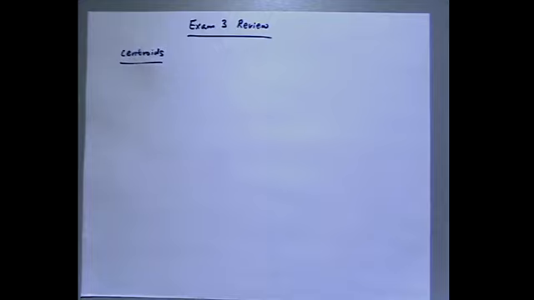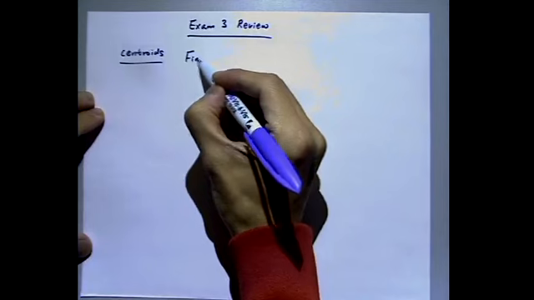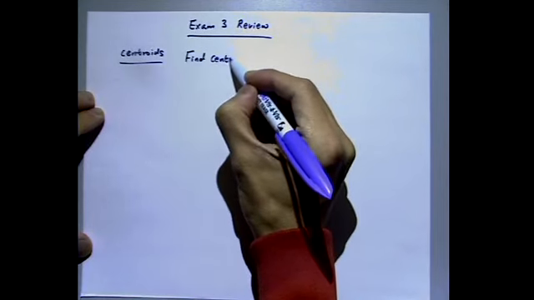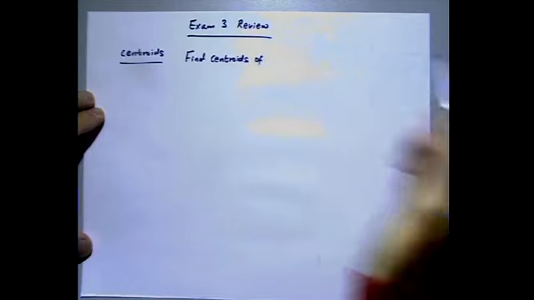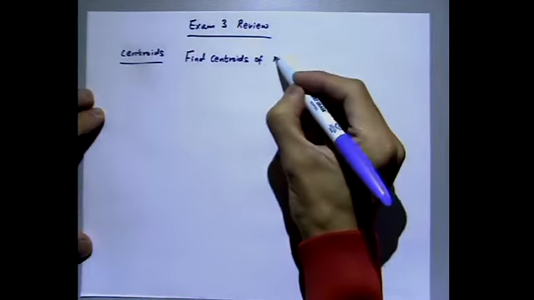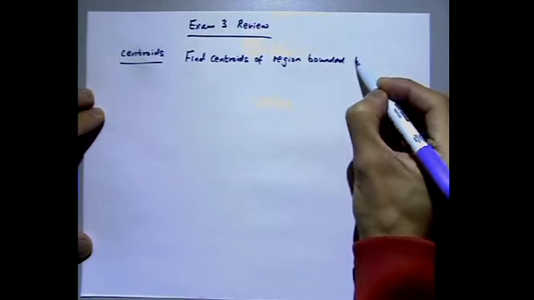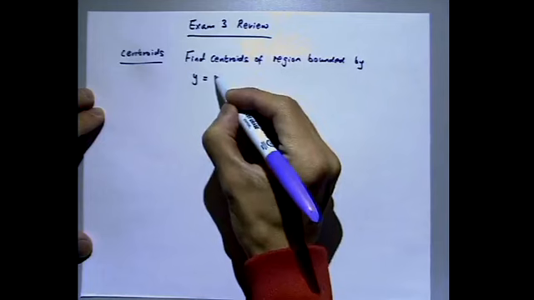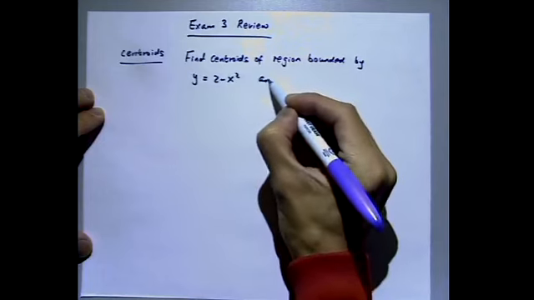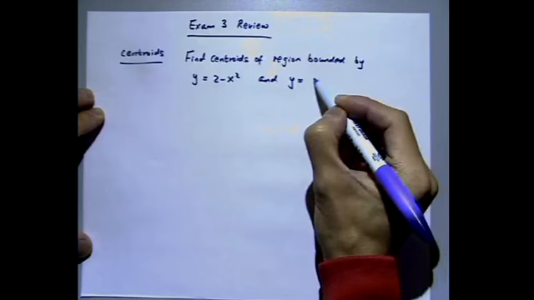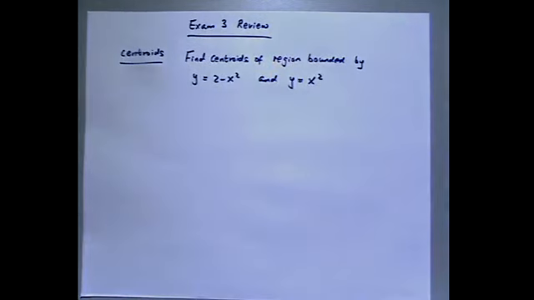And let's do this by example. Okay, we got some kind of region here, 2 minus x squared and x squared. And we're looking for the center of mass of this shape.